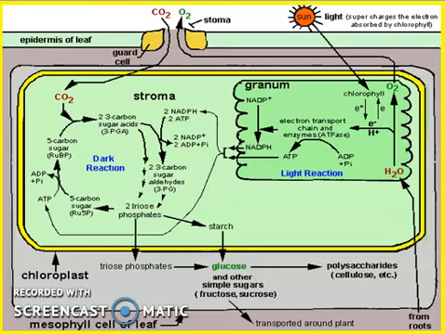Each electron is then absorbed by the chlorophyll, which also absorbs light, that is radiant energy, to bring the electrons to a high energy state.